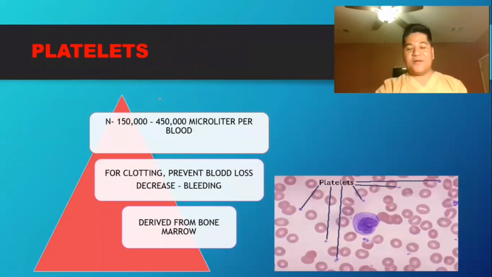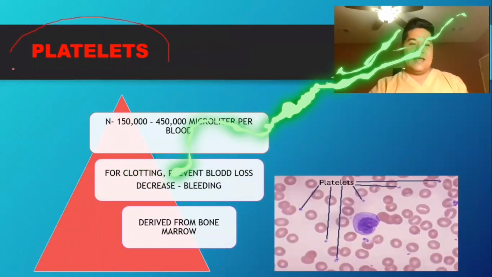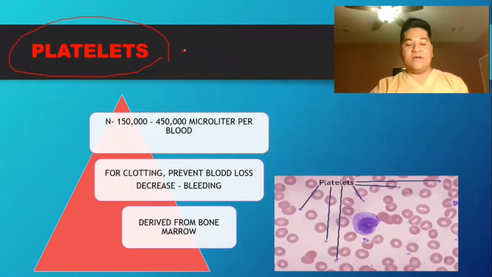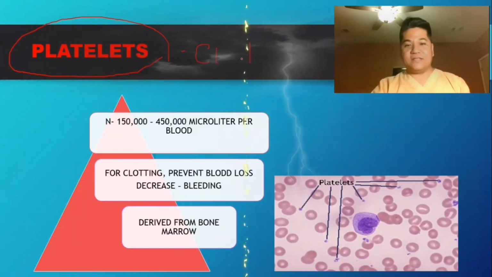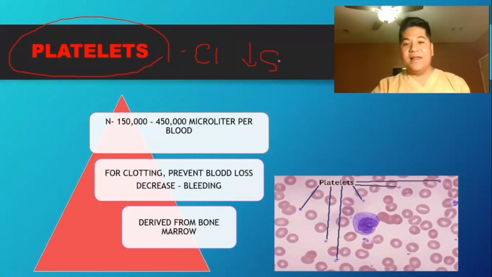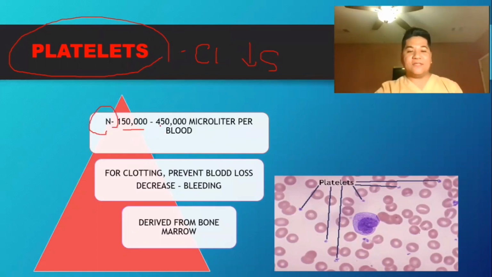Next, let's talk about the platelets. Now, remember, platelets are responsible for clotting, to stop the bleeding. The normal is 150,000 to 450,000 per microliter of blood. So anything that decreases below that is a risk for bleeding.